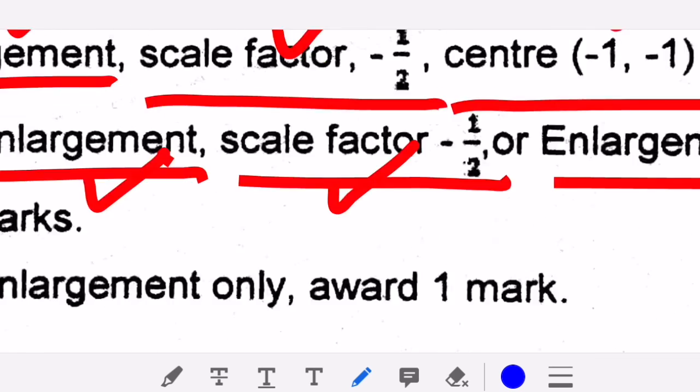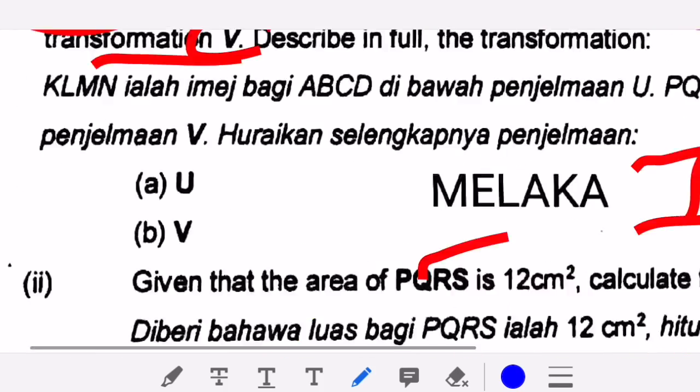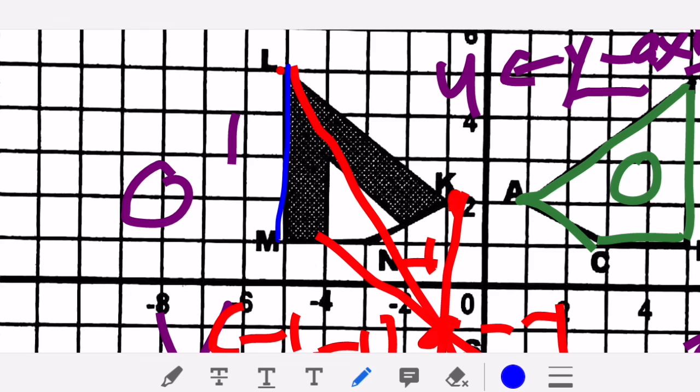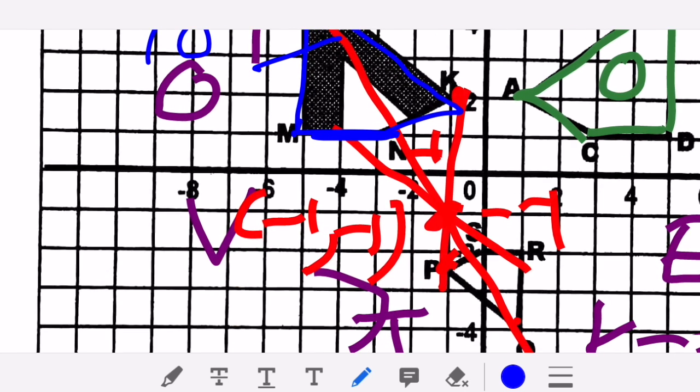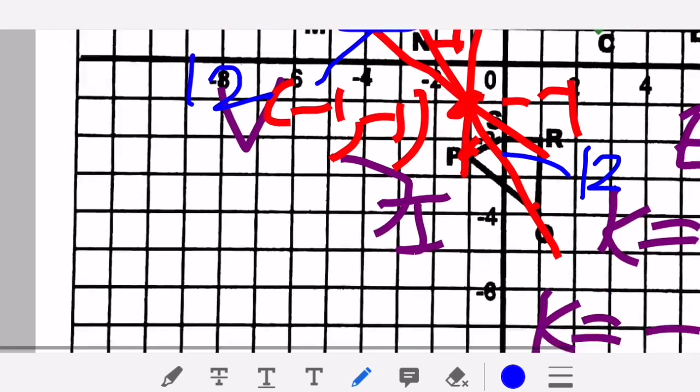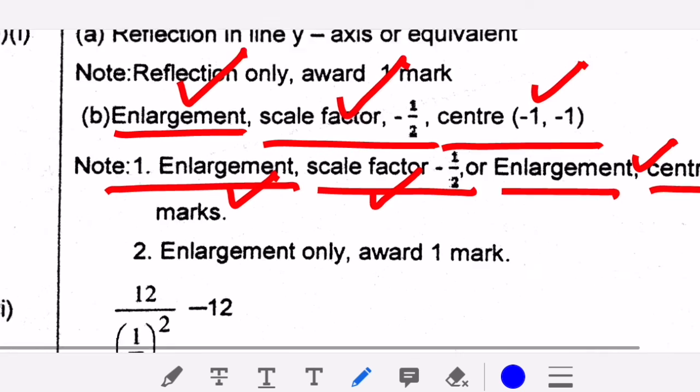Alright, so the answer will be after you calculated, the big one here is the object, which is 48. Then the image you get 12. So here 12 you have to minus out to get the shaded region one, which is 36. So the answer is 36, right?